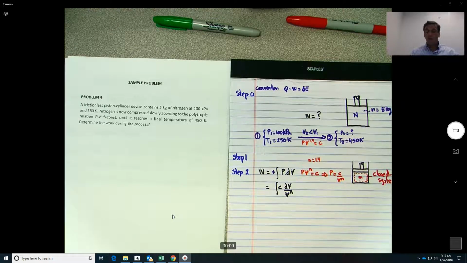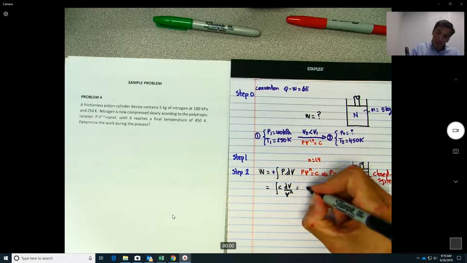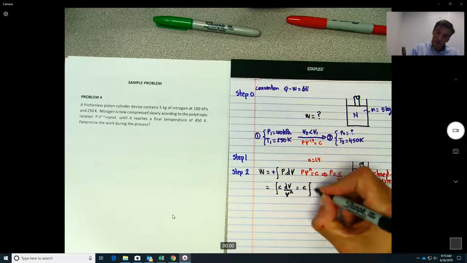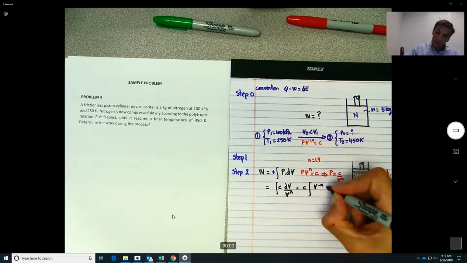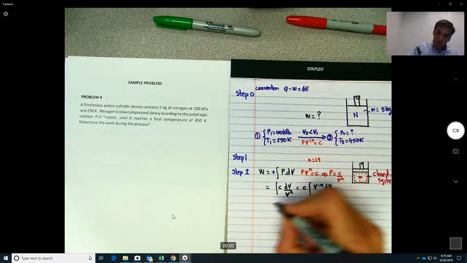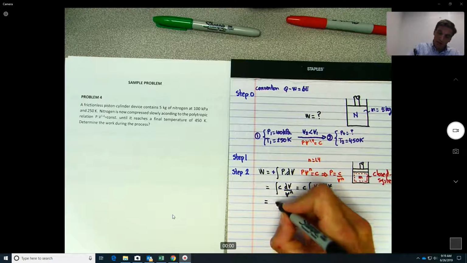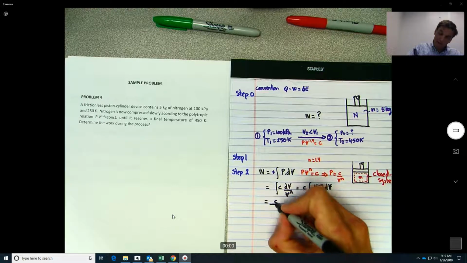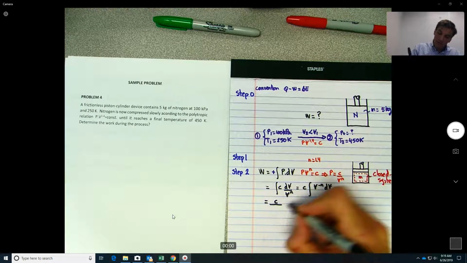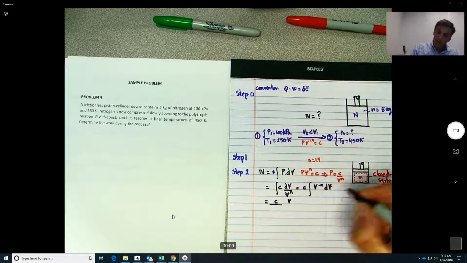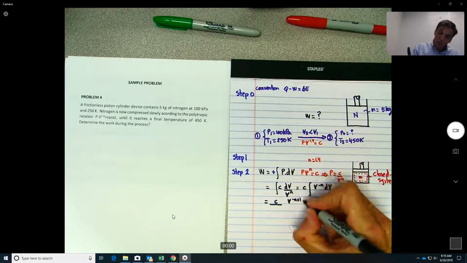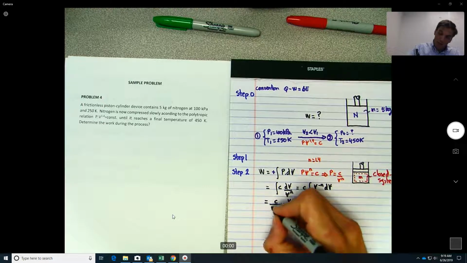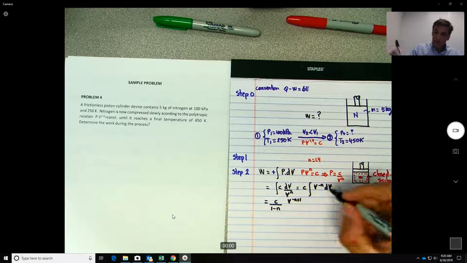So now you can either go to the page that I gave you with the summary of all the results, but let me just redo the derivation very quick. You can rewrite this as C times the integral of V to the minus n dV, so that now the integral of this will be equal to what? C, then you will have here V to the minus n plus 1 divided by 1 minus n.